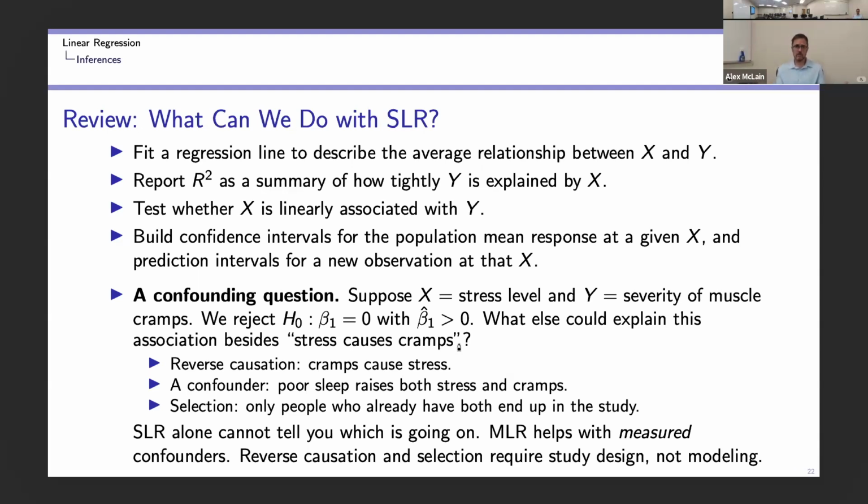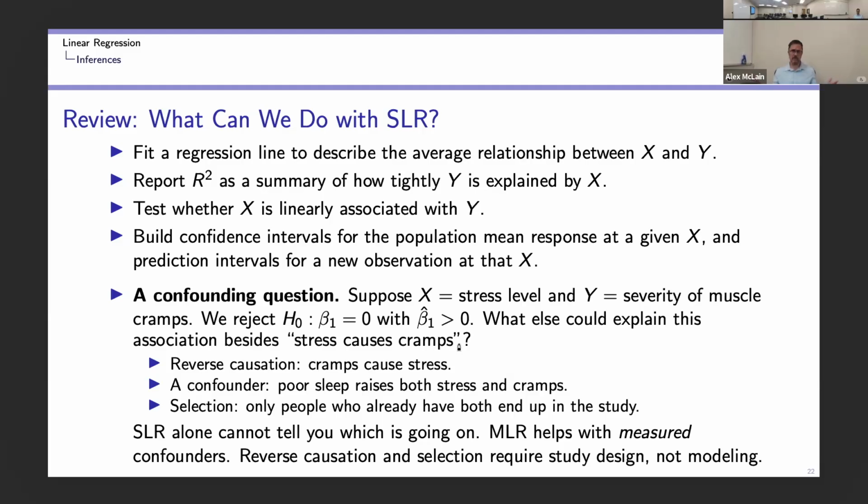That's something that could certainly be present. A confounder, poor sleep, could be related to both of these. It's not actually that stress is related to muscle cramps, it's that poor sleep is impacting both of those. If we don't have sleep in our model, we can't determine that. Selection: only people with high stress and muscle cramps ended up being in our study. That's a selection bias that could actually cause this relationship to appear.